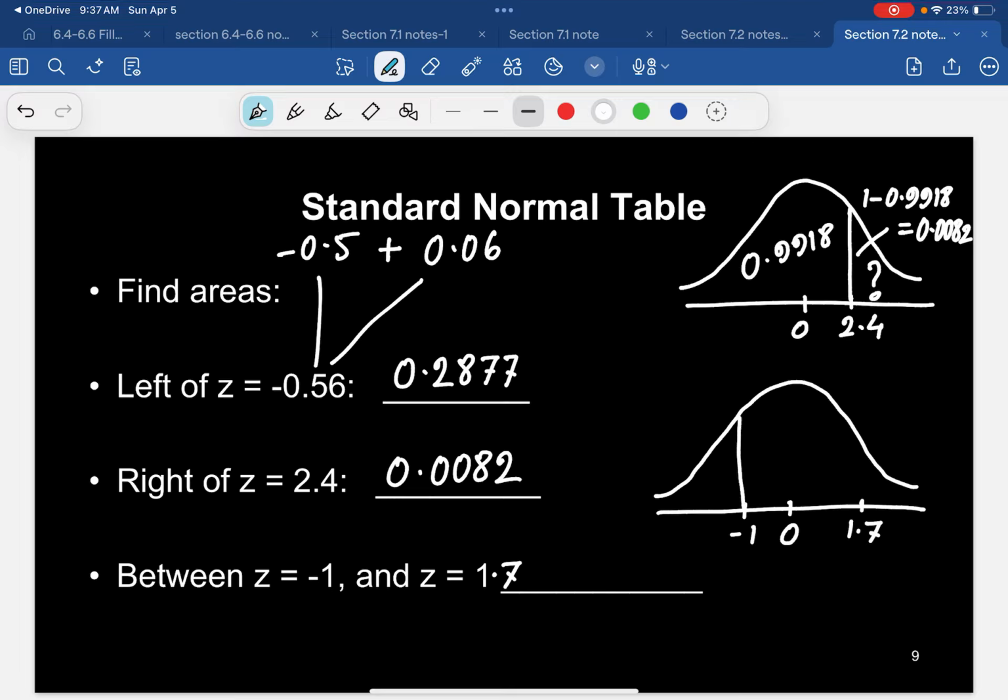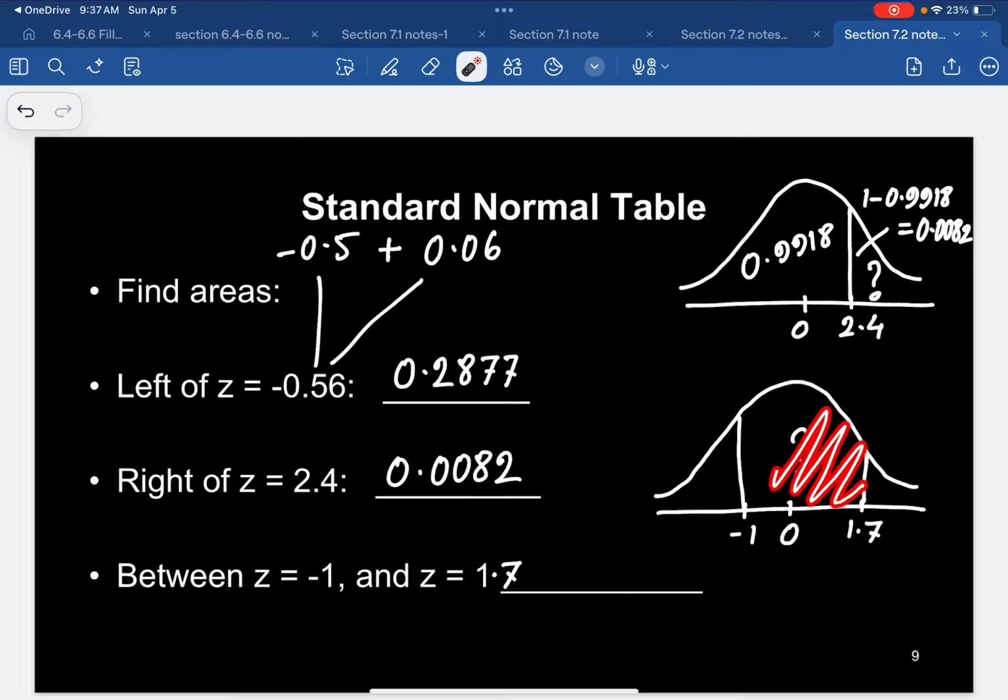So they are asking us to find the area in between. So what is this part? Okay, now what we are going to do is we're going to find what is on the left of 1.7 using the table, okay? And then we're going to subtract what is on the left of -1, right? So that's the thing. So go back to the table.